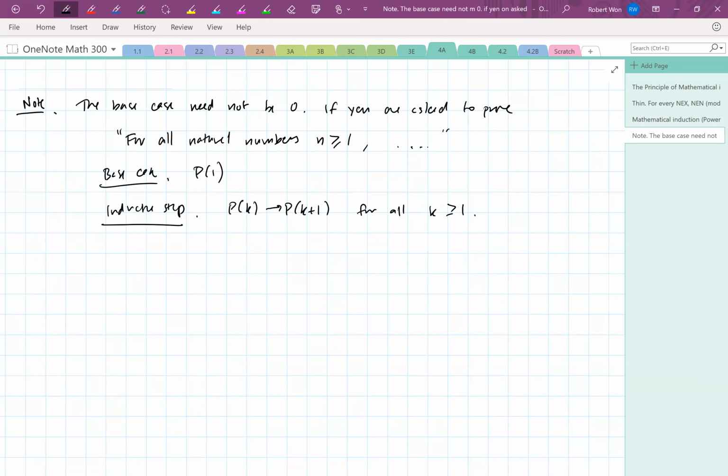Because if P of 1 is true, then P of 2 is true, then P of 3 is true, then P of 4 is true. And so this is like I'm pushing over the dominoes starting from 1 rather than starting from 0. So really you could start anywhere here. If you wanted to prove something was true for all natural numbers greater than 17, you can prove that P of 17 is true and prove that P of k implies P of k plus 1 for every k greater than or equal to 17.